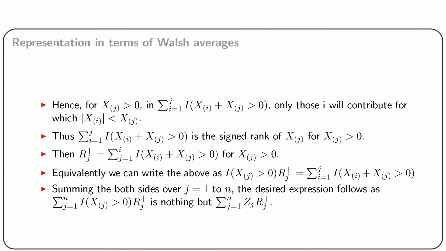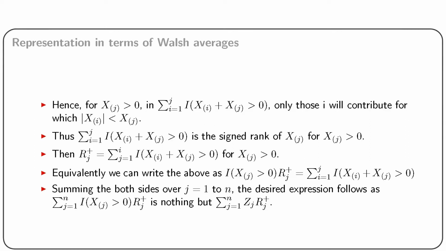Hence, for x ordered j greater than 0, in summation i from 1 to j indicator x ordered i plus x ordered j greater than 0, only those i will contribute for which modulus of x ordered i is less than x ordered j. Thus, summation i from 1 to j indicator x ordered i plus x ordered j greater than 0 is nothing but the sign rank of x ordered j for positive x ordered j.